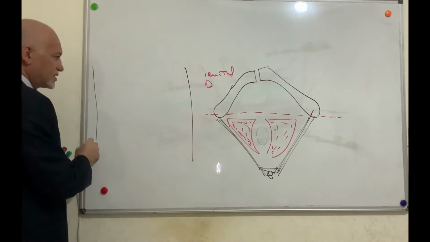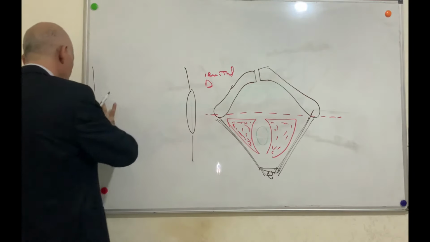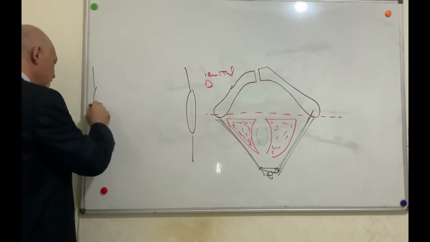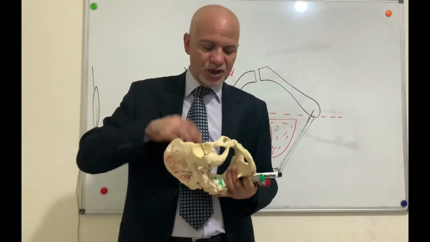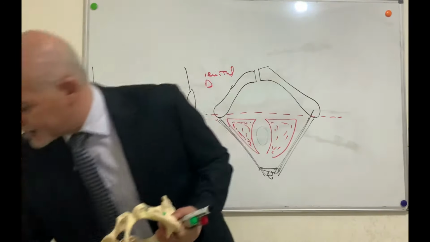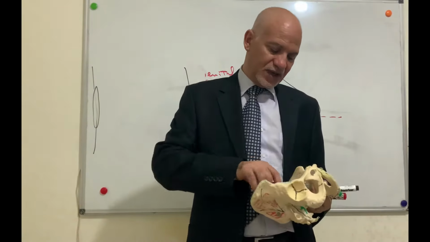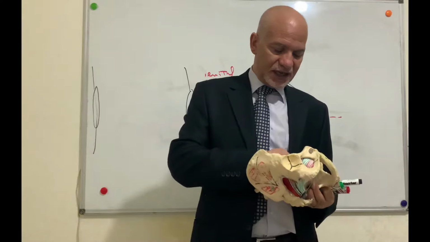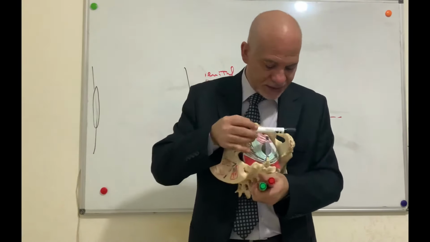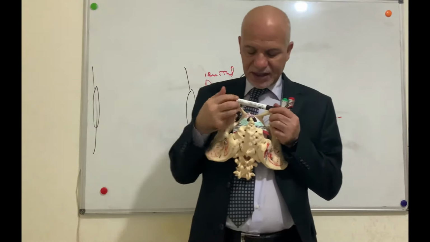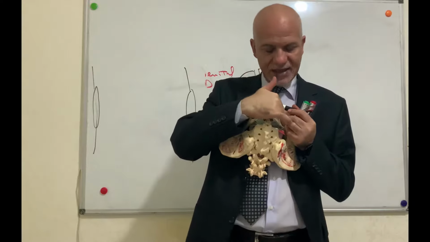On the lateral wall of the pelvis, there is an opening in this area. It's called the obturator foramen. Like this. This is the obturator foramen. This is the levator ani muscle present here. And this line, this is the anal triangle. And this space here is the Ischio-rectal Fossa.